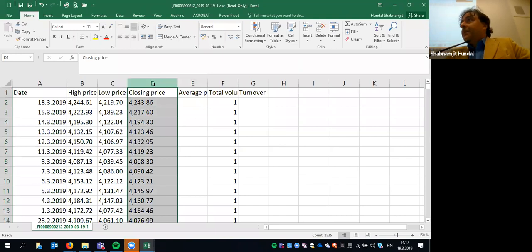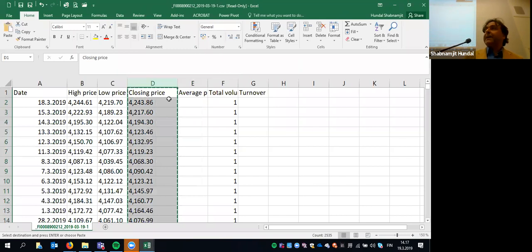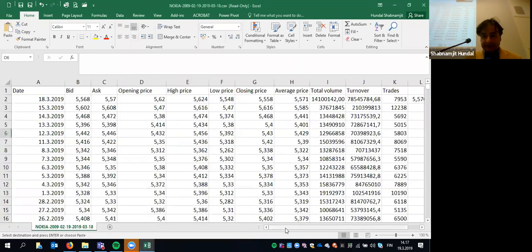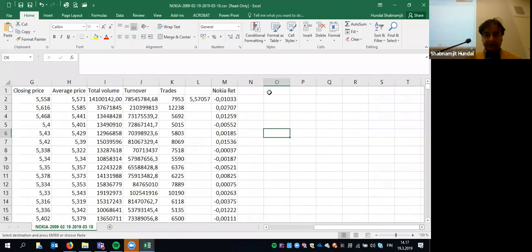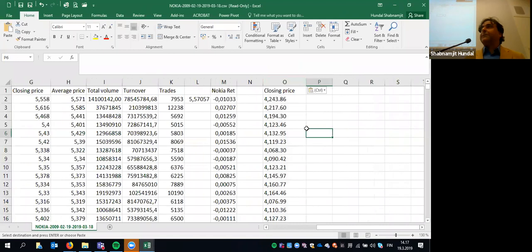Is it what you said? Everything is same. So what I do, I just copy the closing price of the index and take it down to the closing price. Does it make sense?